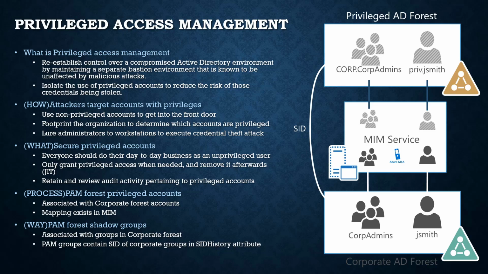This account is associated with a corporate forest account, and MIM does all that mapping. For the PAM forest we use shadow groups, which is essentially a copy of the corp admins, a shadow principal. So it works pretty well.